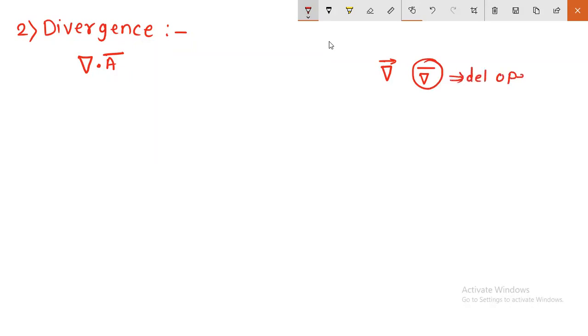So in examination, if sometimes a bar is given, then also it is del. So remember this, don't get confused. So this del operator, when it operates on a vector quantity by using dot product, it is called divergence. So here we are considering the vector a bar.